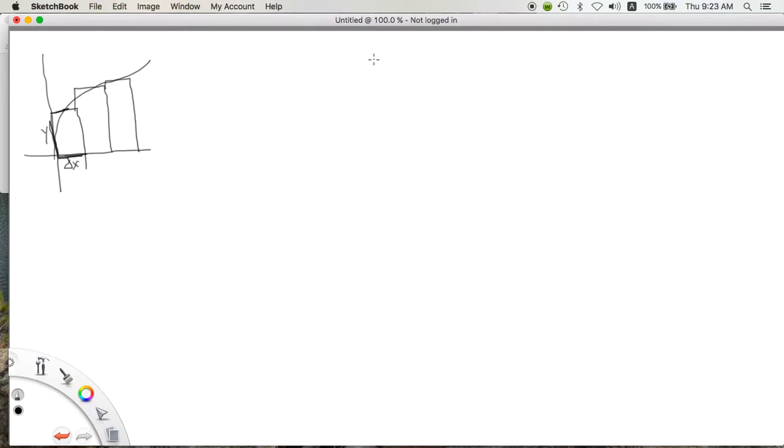Well, we can do a similar thing with a sphere. If you take the curve y equals the square root of 4 minus x squared, and you spin it around this axis, you're going to end up with a sphere.